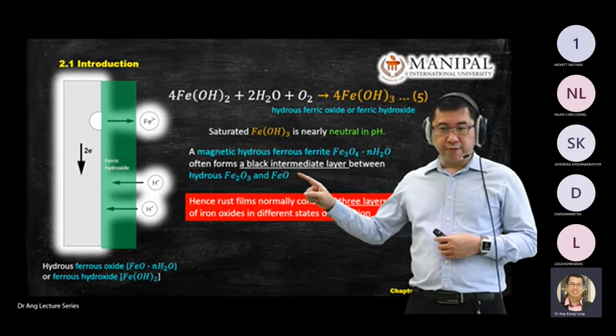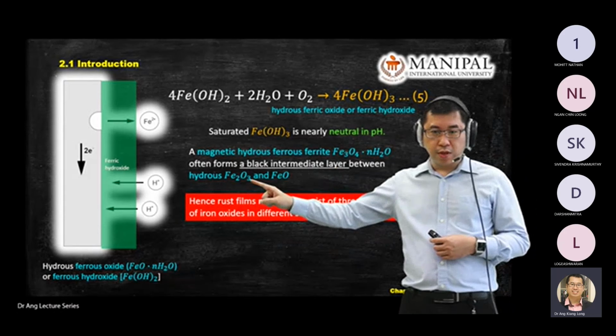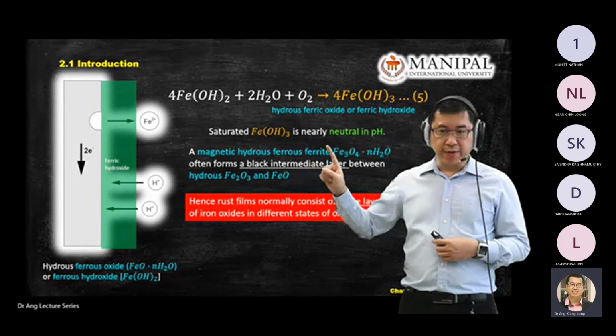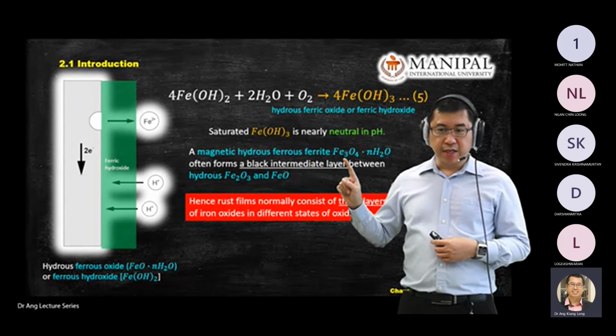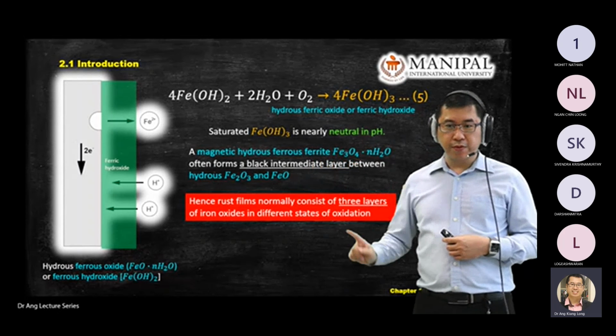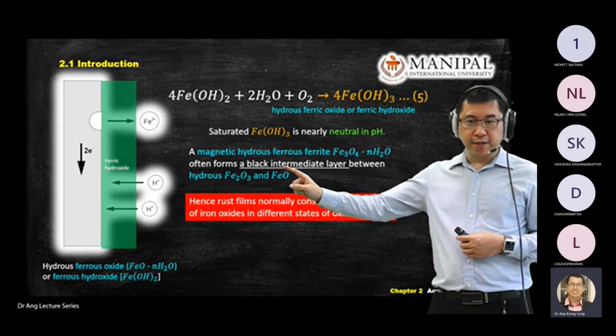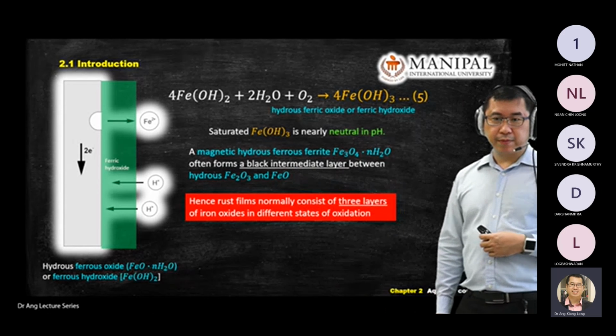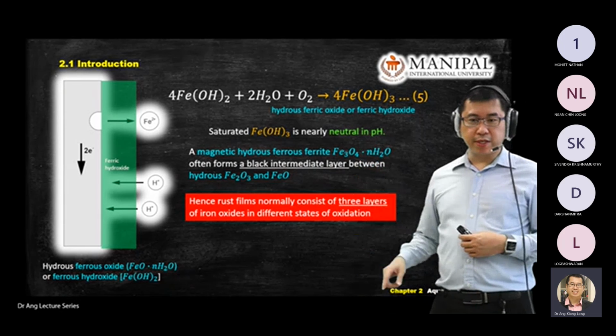So you have Fe2O3, FeO, and Fe3O4 with black color.